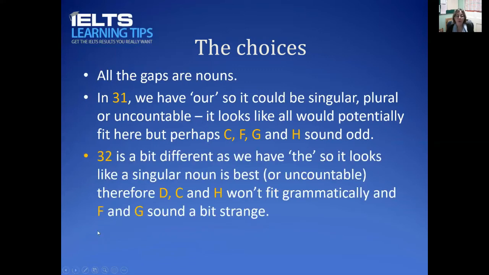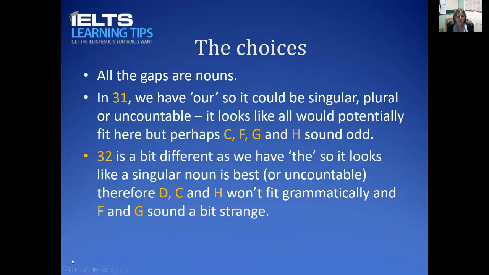Okay, in 32, we have an article the, so it looks like it's going to be a singular noun, or it could possibly be uncountable. So that means we can disregard D, C, and H, but F and G also sound a bit odd, a bit strange, so probably not those.